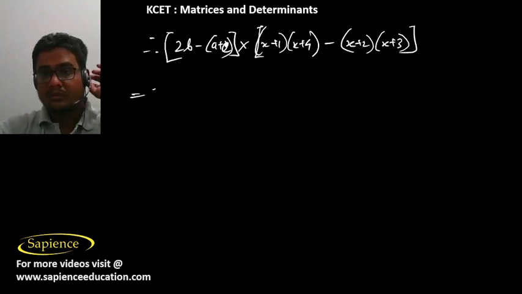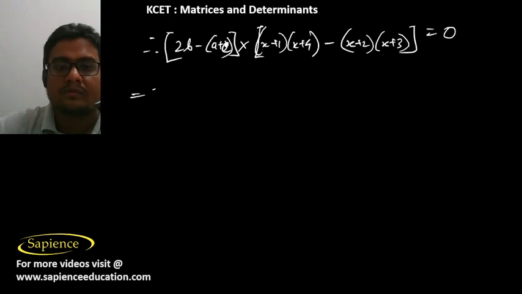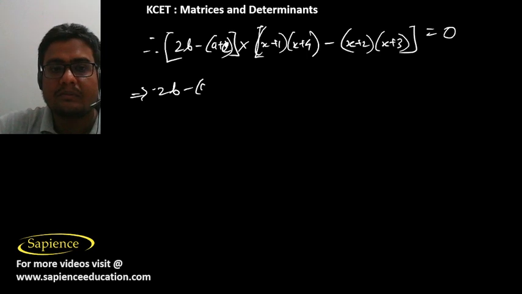So this should be equal to 0. So it means we can write 2b minus (a plus c) into x.